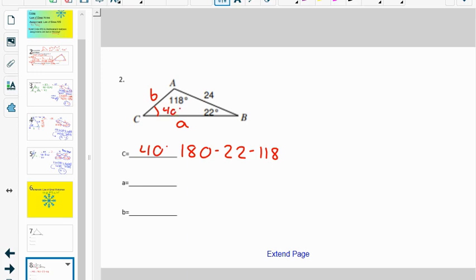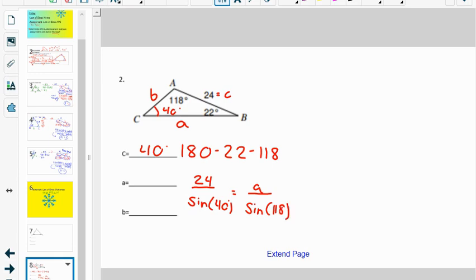Now I'm going to go find side A and B using the law of sines. So start with what you know, the side and the angle that you know. We know side C is 24. We know angle C is 40. Now what I don't know is side A, but I do know angle A is 118.